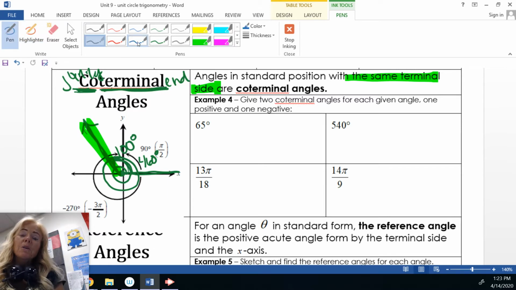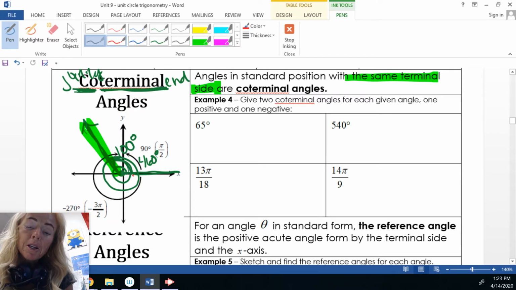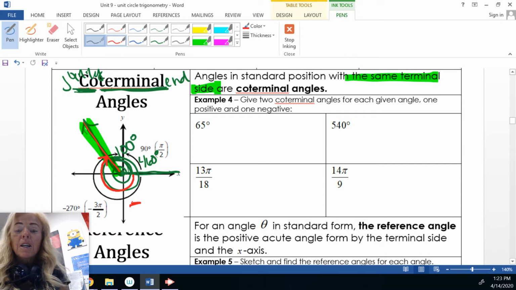What we're asked to do, let me show you really quickly too, I'll do it with red. If I move from here and I go negative and end up at that same terminal side, I have a negative angle. And what did I do to get to that angle right there? Well, I went 180 plus what to get 100 away from a full 360 degrees.